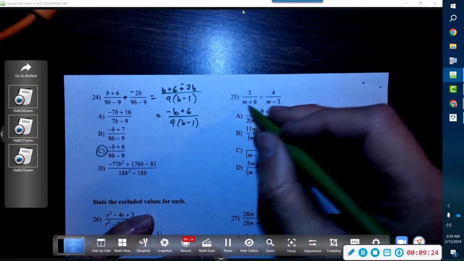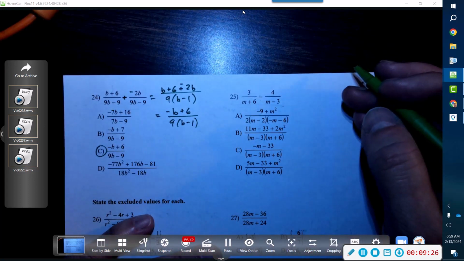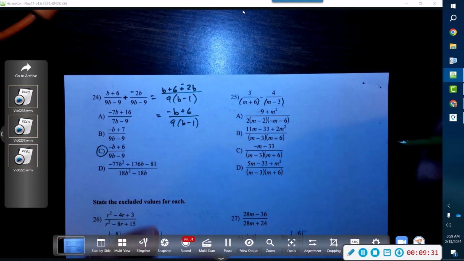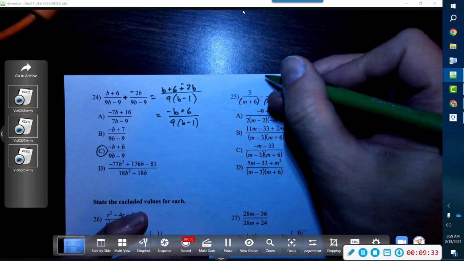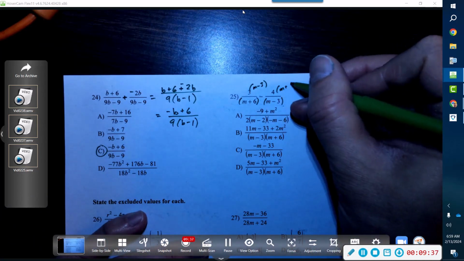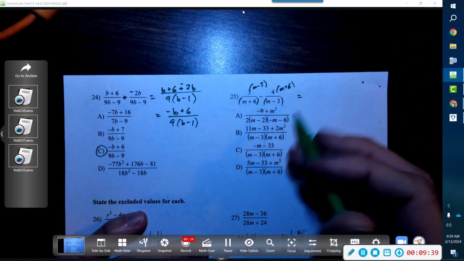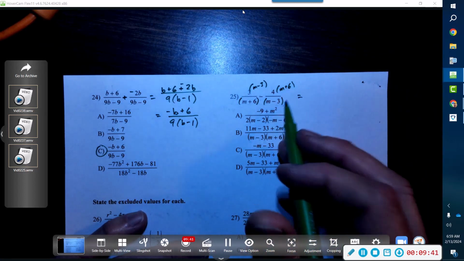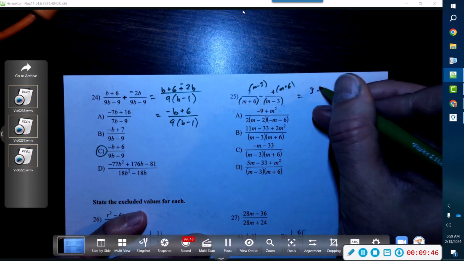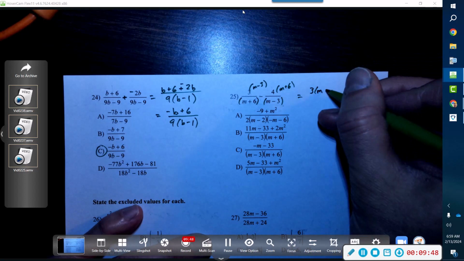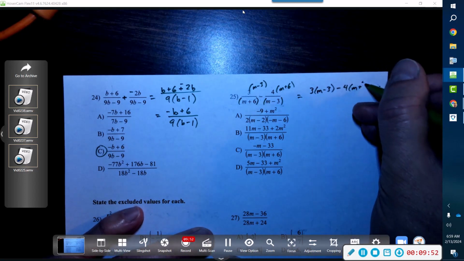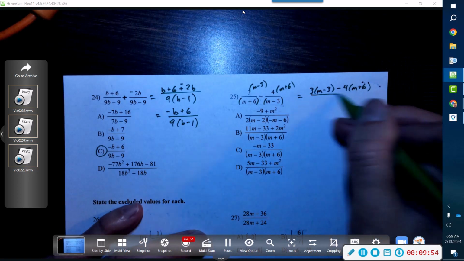All right, now this guy has an m plus 6. He has an m minus 3. We cannot combine the two unless we give them what they need. Now when I do that, if I give this guy the m plus 6 and give this guy the m minus 3, what I have is 3 times m minus 3 minus 4 times m plus 6.